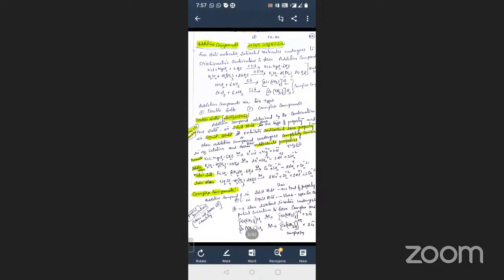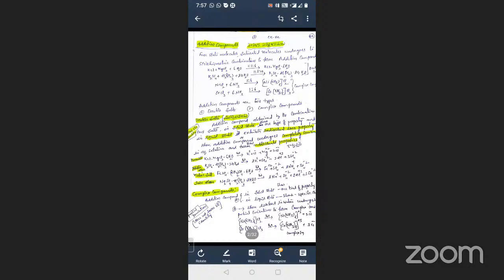Similarly, we will go for potassium sulfate, aluminum sulfate, and 24H2O. Potassium sulfate is a saturated and free state molecule, aluminum sulfate is a free state molecule as well as saturated molecule, and 24H2O is the same thing.